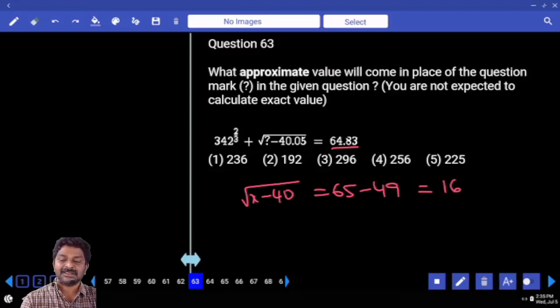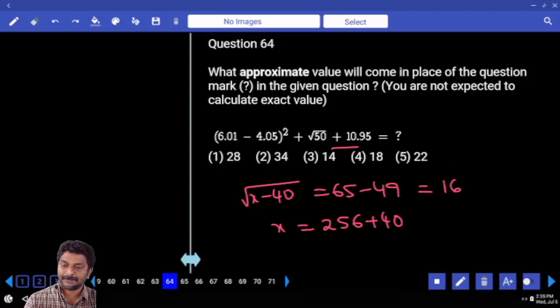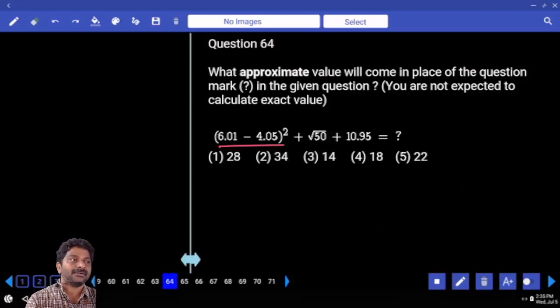Squaring on both sides. Right hand side you will have 256. Then x is equal to minus 40 goes to the other side, becomes plus 40. Answer 296.